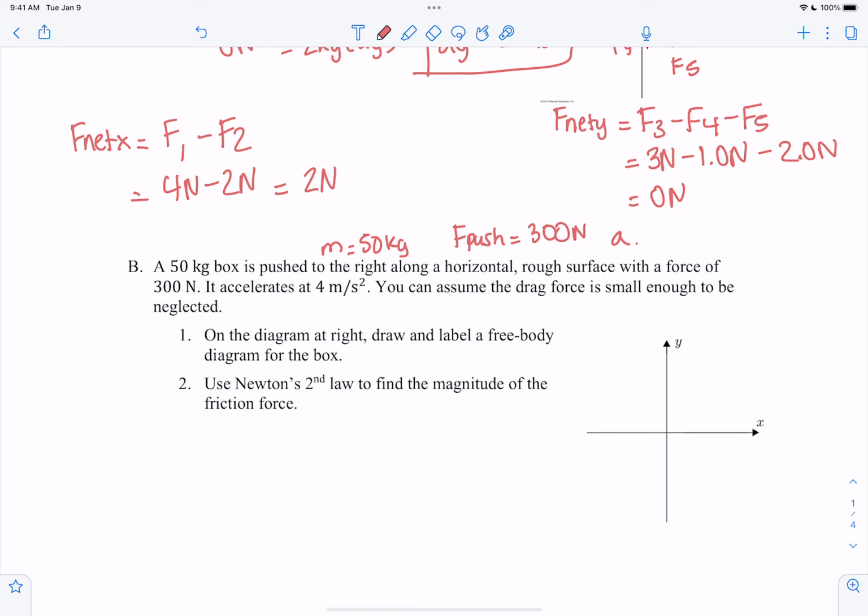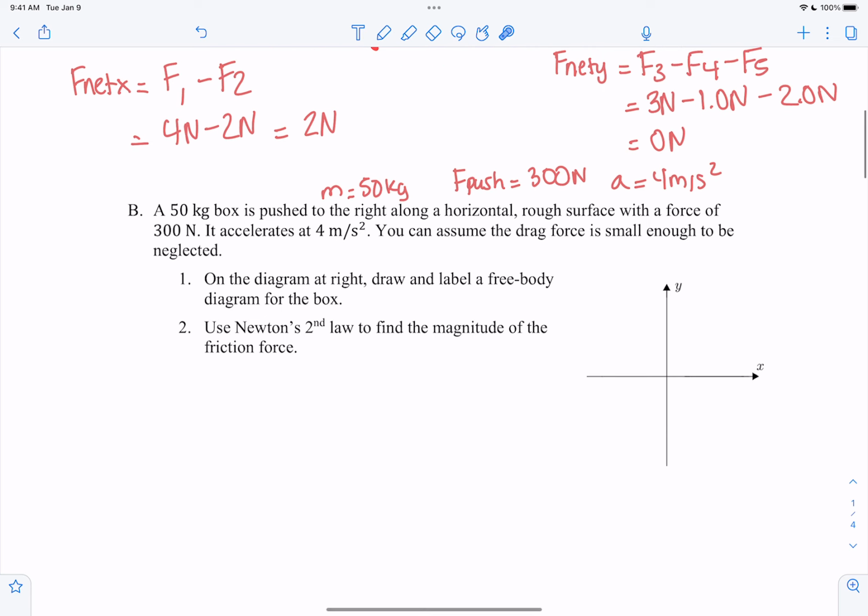And we know the acceleration is 4 meters per second squared. They just say acceleration, that's it.